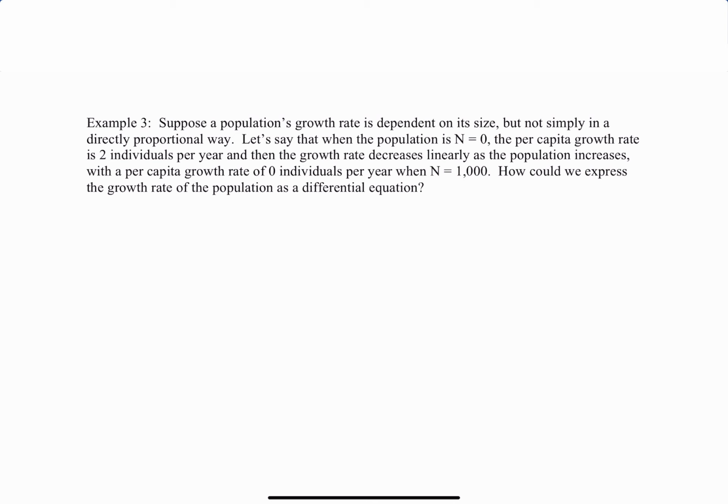This is telling us that dN/dt is not going to be as simple as just a constant times the population size. That's what that first sentence is saying. Not directly proportional to N.